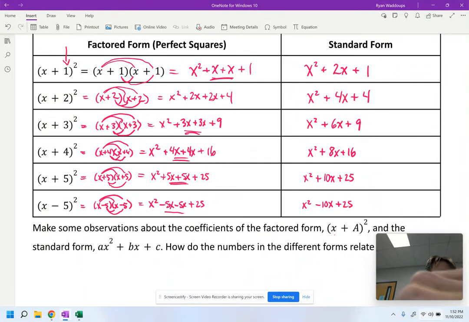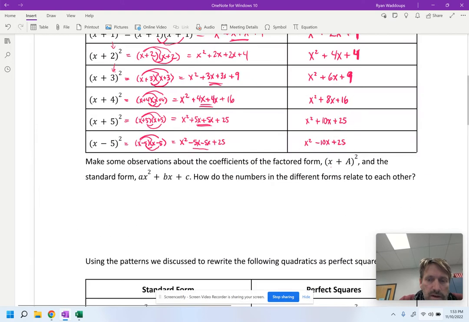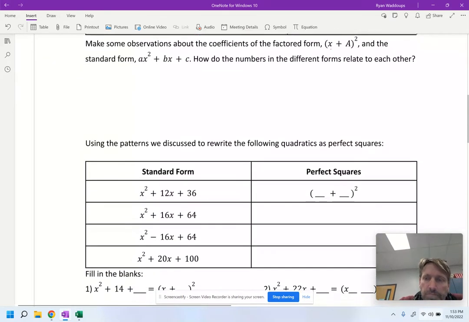What happened with this 2 and this 4? Or what happened with this 3 and this 9? How does it relate to 6? Okay, think about that.